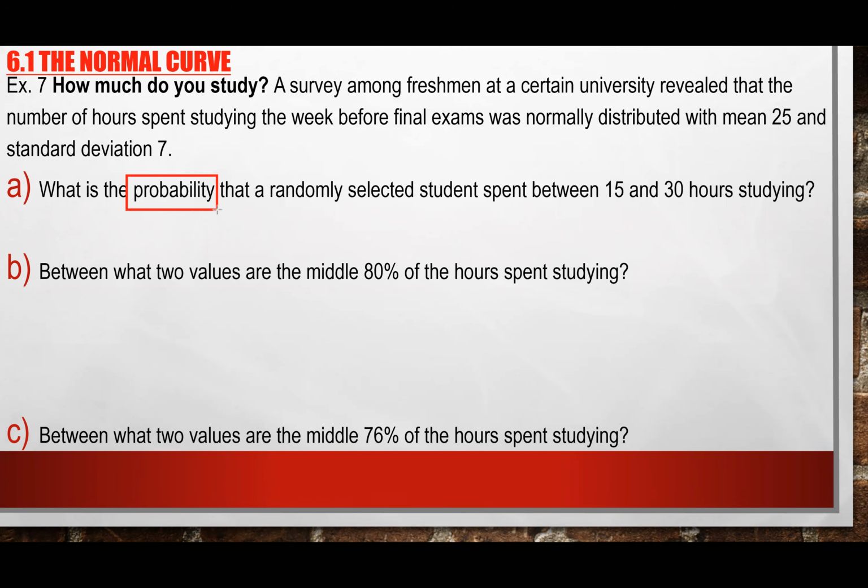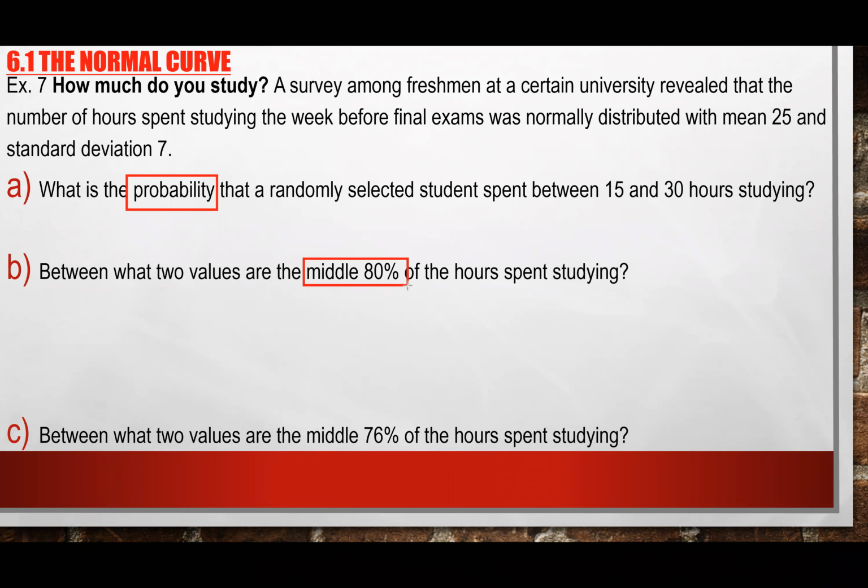And to look for the area underneath the curve, we need to use the normal Cdf. Okay, and if you look at B, if they give you the percentage, we are doing the inverse norm.